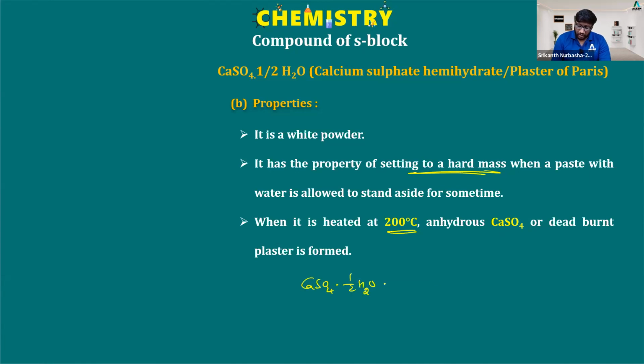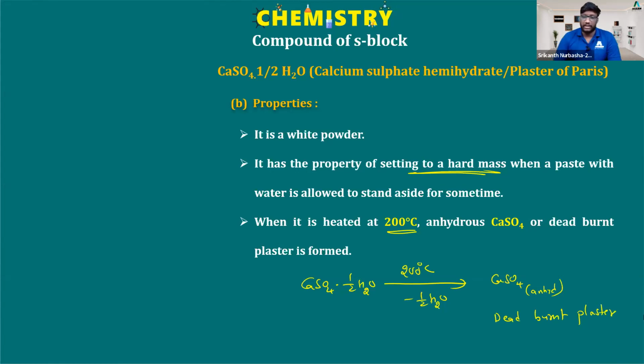CaSO4.½H2O, upon heating at 200 degrees Celsius, forms anhydrous CaSO4. Loss of half H2O occurs. It is nothing but dead burnt plaster.